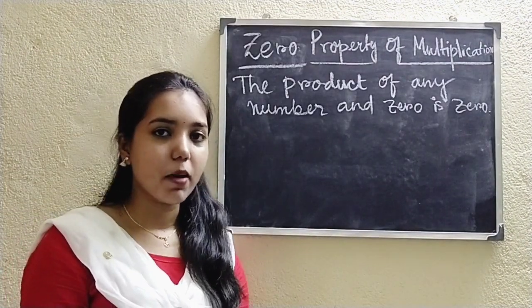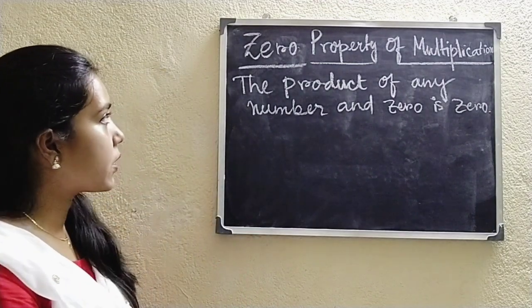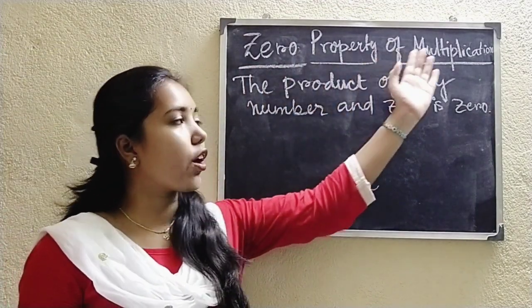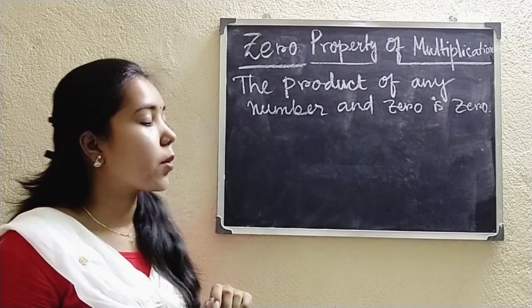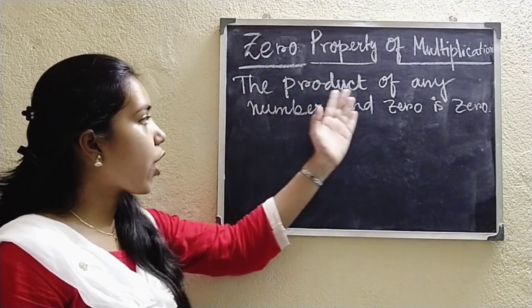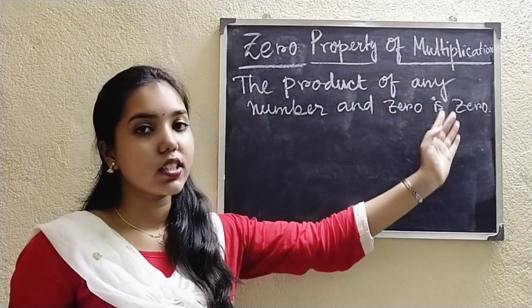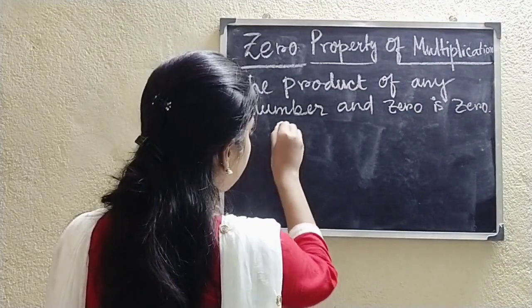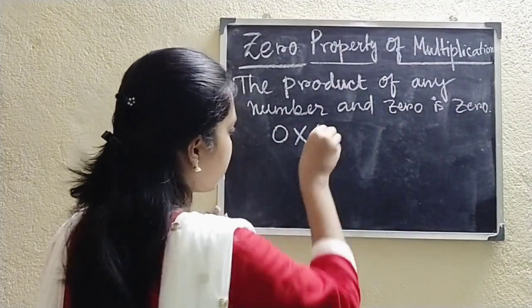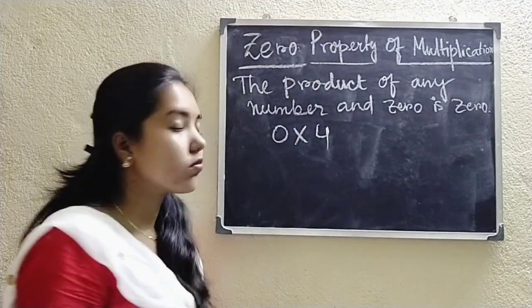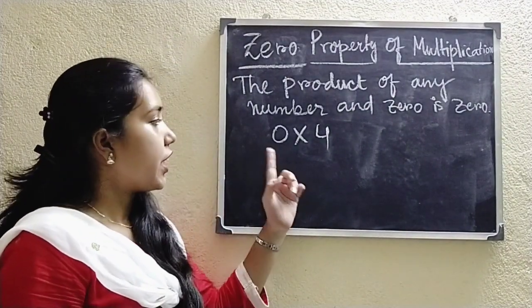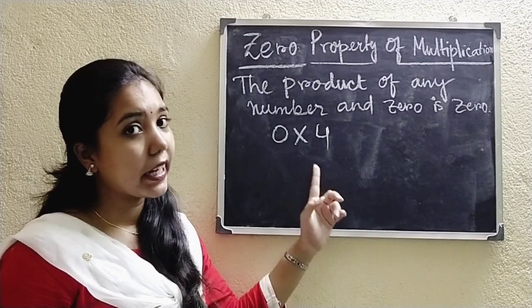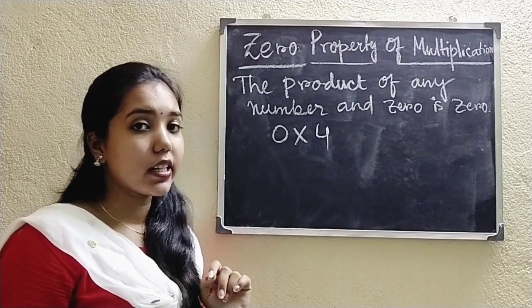Now we will discuss the third property of multiplication, that is the zero property of multiplication. The property tells that the product of any number and 0 is 0. Now let us take an example. Here, if 0 is multiplied by any number, then the product is 0.